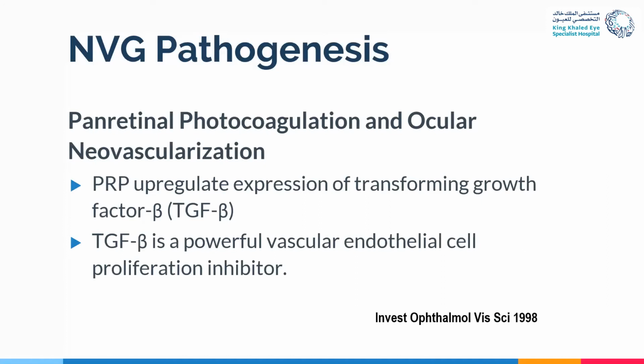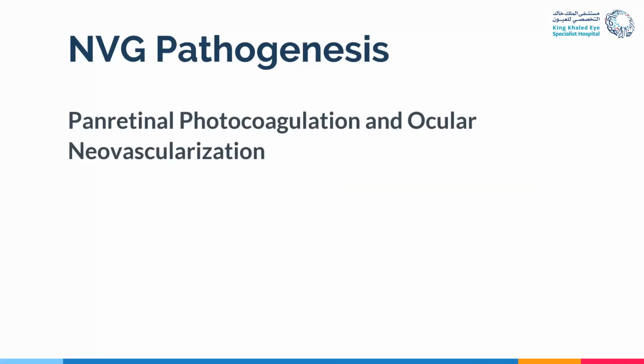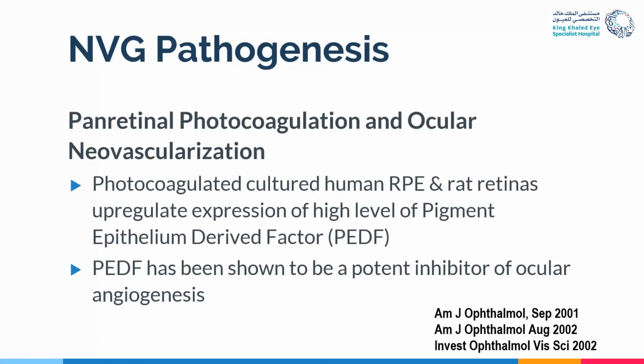They found that PRP, or panretinal photocoagulation, upregulates expression of transforming growth factor beta, which is TGF-beta. At the same time, PRP also upregulates expression of high levels of pigment epithelial-derived factor, PEDF.